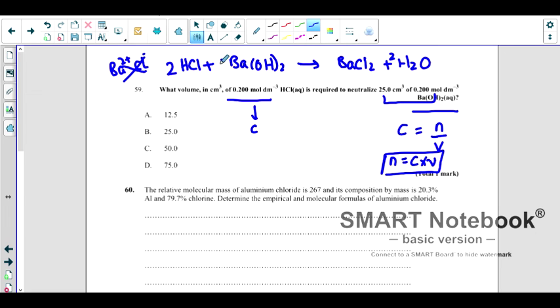So the ratio is 1:2. Whatever moles we get of the base, for the acid we times it by 2, because the ratio is 2:1. By this you get the moles of the acid. With the number of moles, we again use the concentration formula, C equals n over V, and we get the answer, which is supposed to be C.